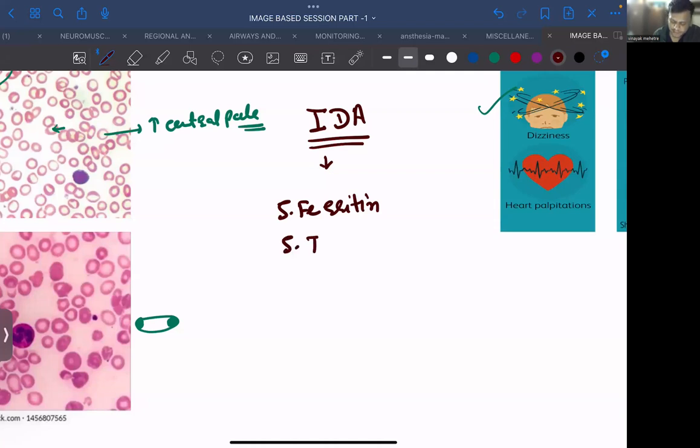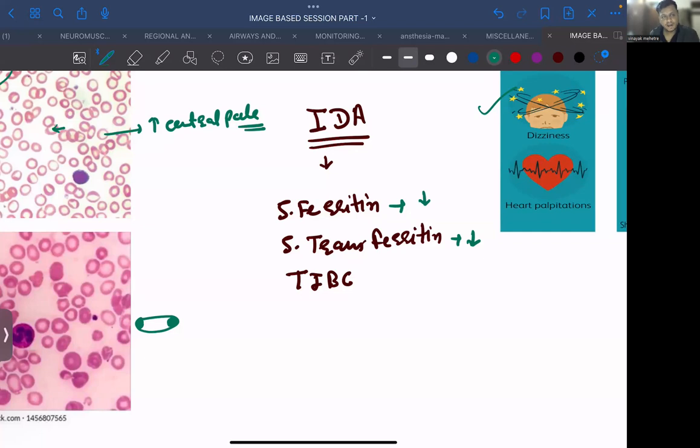Serum transferritin, and there is something called TIBC, total iron binding capacity. Iron deficiency है, right? The main form of iron is serum ferritin, right? So ये क्या होगा? Decrease, right? If the main iron form is decreased, of course the transport form, that is transferritin, will also decrease.